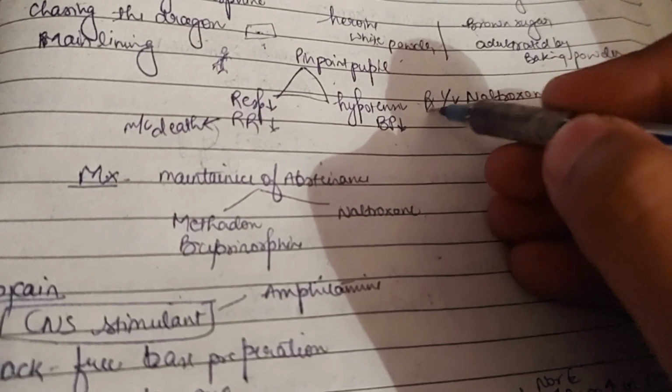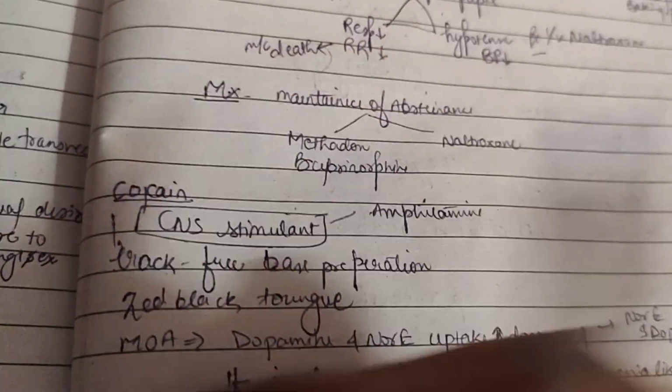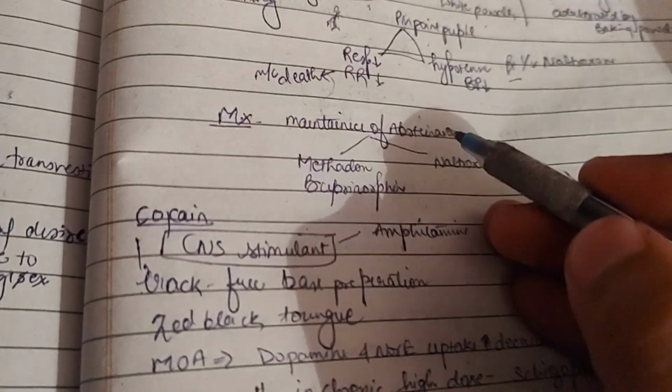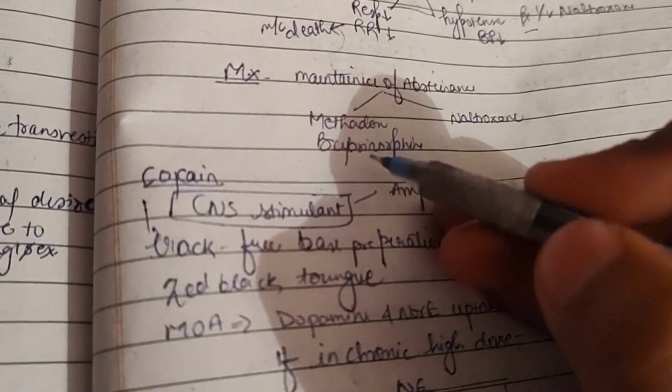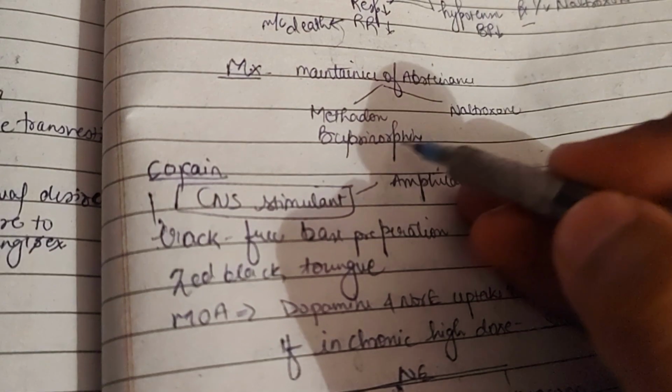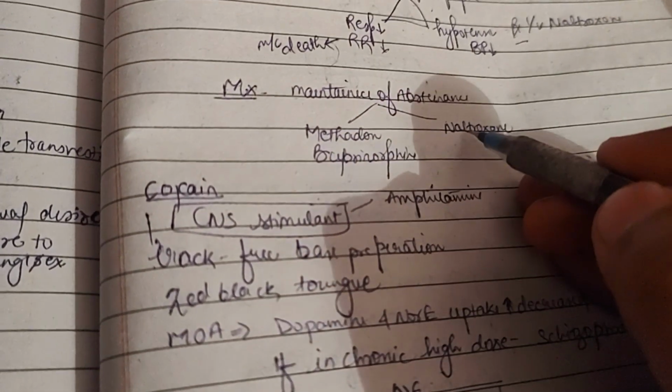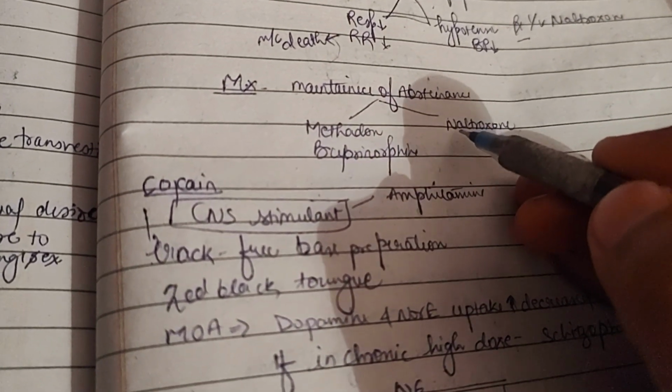Treatment antidote is naltrexone. For maintenance of abstinence, we give methadone and buprenorphine.